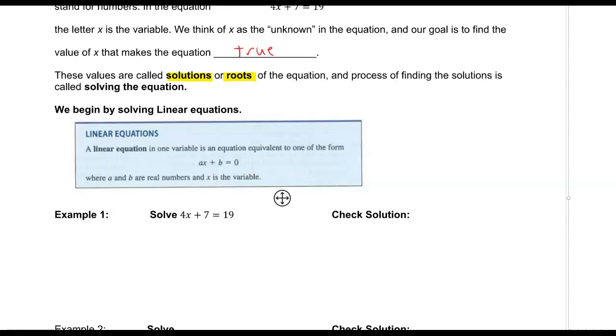Linear equations are when your exponent has what value? It could be negative, but most of the time it's positive. It just has to be what value? 1. So when your variables have a first power, you know you're working with a linear equation. So notice with that x, because the x is our variable, it's what power?